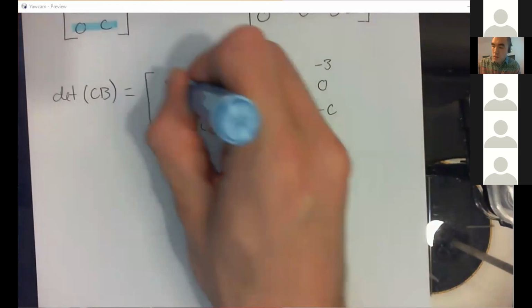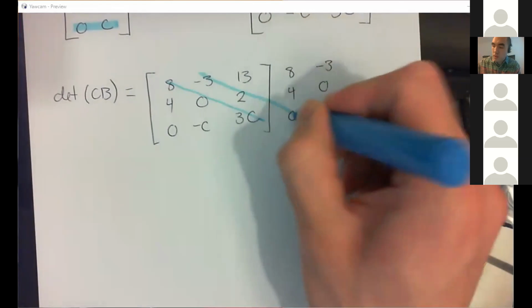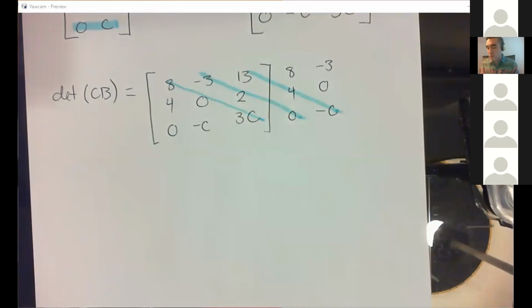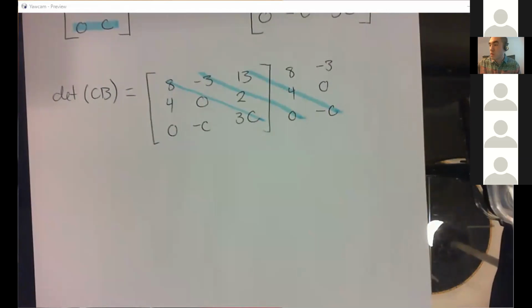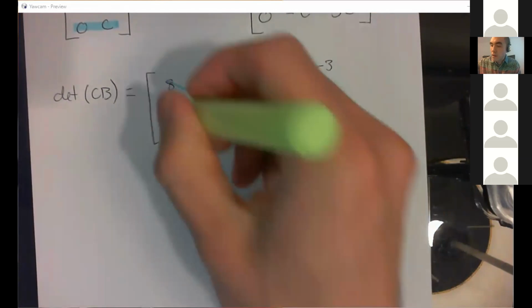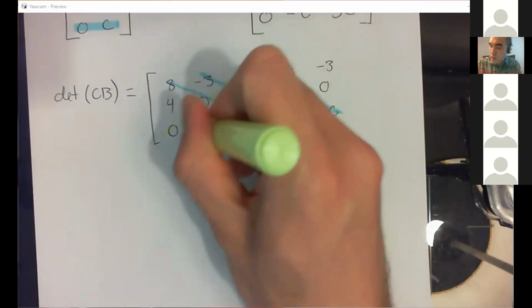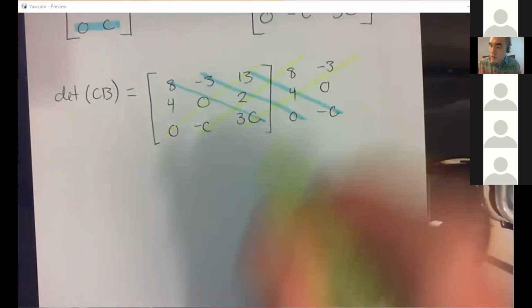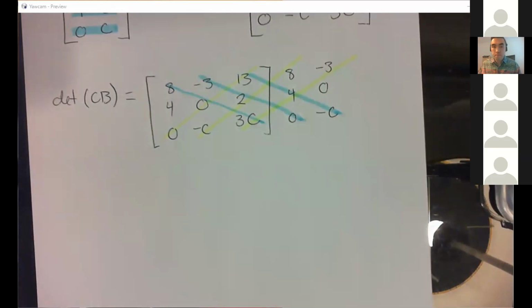So I'm going to take this product, and this product, multiply each one of those diagonals together, and add those up. And then from that, I'm going to subtract this diagonal, and this diagonal. It gives us the same thing as our procedure of cofactors and minors, just maybe a little bit quicker.